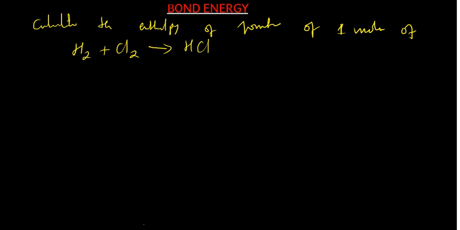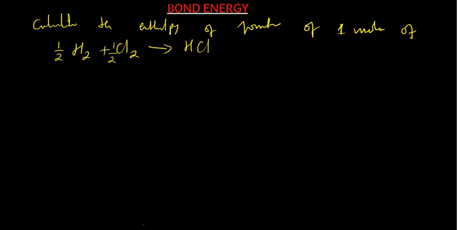Now to balance this, I'm supposed to put a 2 here, but notice that we are interested in 1 mole of product. We want to form 1 mole of HCl because we're talking of formation. And so to balance it, instead of putting a 2 there, we're going to put halves here, and so that is a balanced reaction.